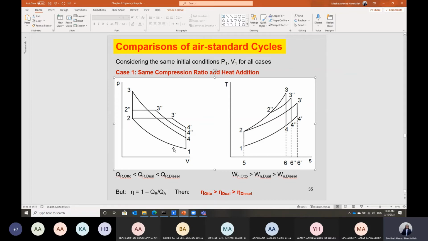But to have the same heat addition, for the Otto cycle we have 1, 2, 3, ending at point number 4. For the diesel cycle, the cycle will be 1, 2, this is the compression, and then we have constant pressure heat addition. For the same heat addition process, we will reach point 3 prime. Then we will have the isentropic expansion from point 3 prime to 4 prime.